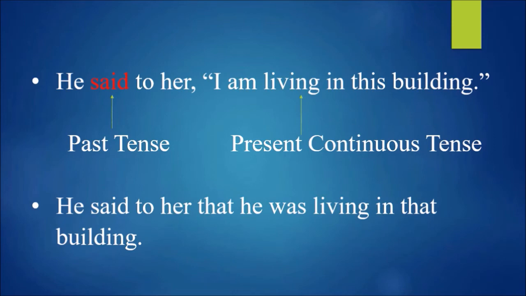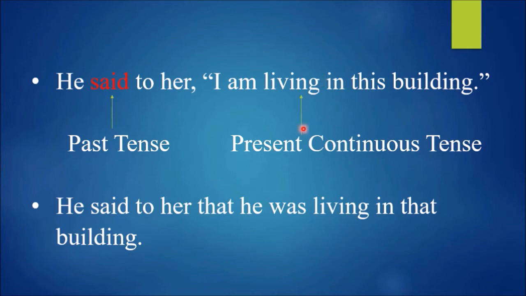See, we removed the inverted commas. There are inverted commas in the direct speech. We join the two speeches with that. We change the pronoun I into he. We change the tense.